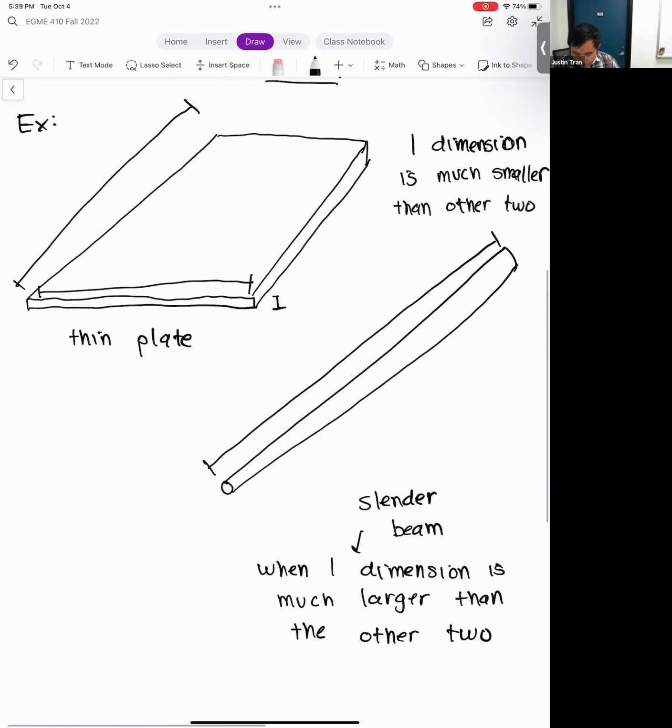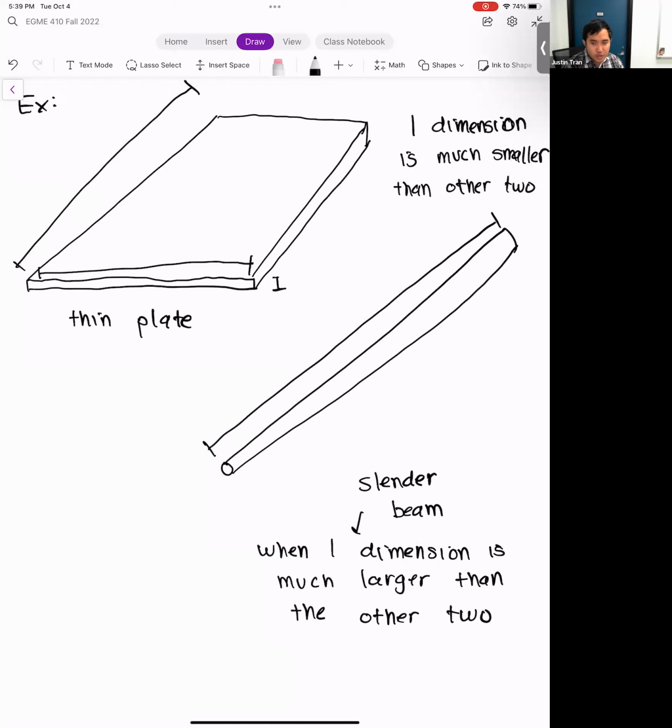All right. And so what these geometries have in common is that if you were to try to mesh these with a traditional solid element, so a tetrahedron or a hexahedron, you might run into some issues.